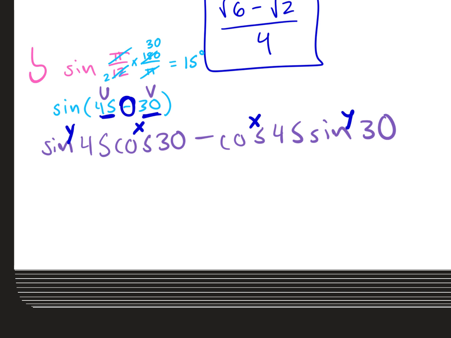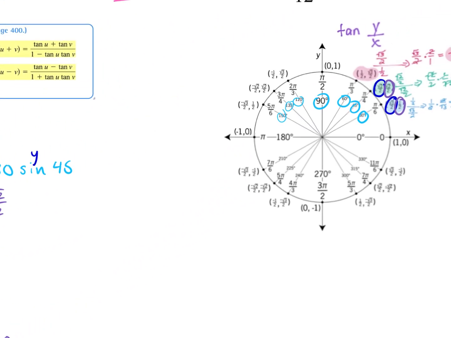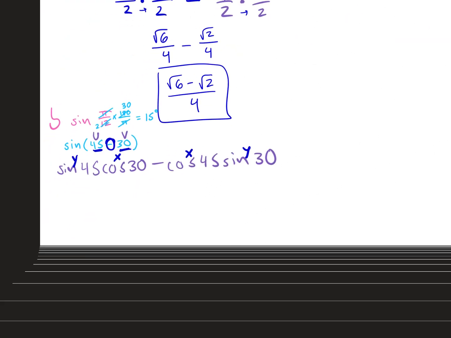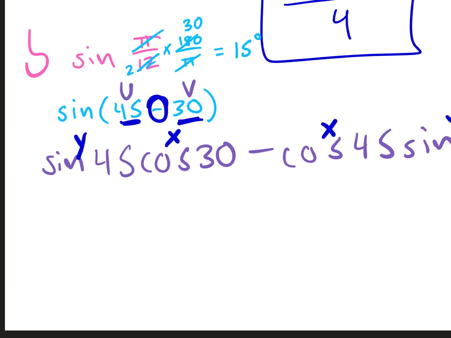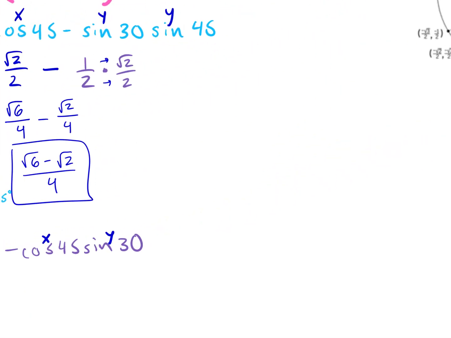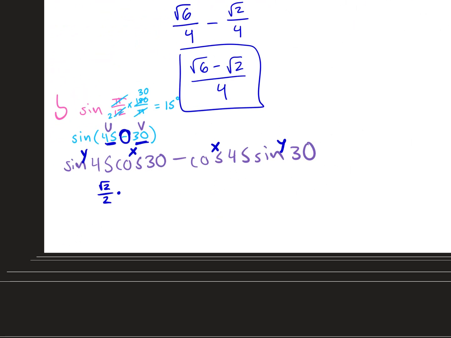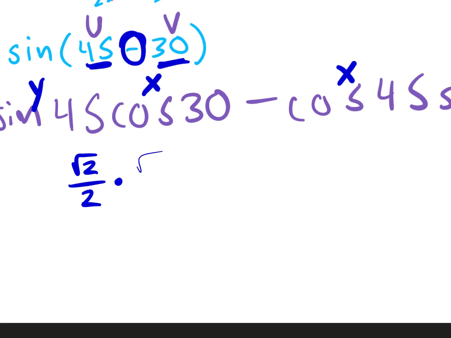So let's go to 45 degrees on the unit circle. What's my y value at 45? Square root 2 over 2. Next, we're going to go to 30 degrees on my unit circle. What's my x value at 30 degrees? Square root 3 over 2. And I have minus.